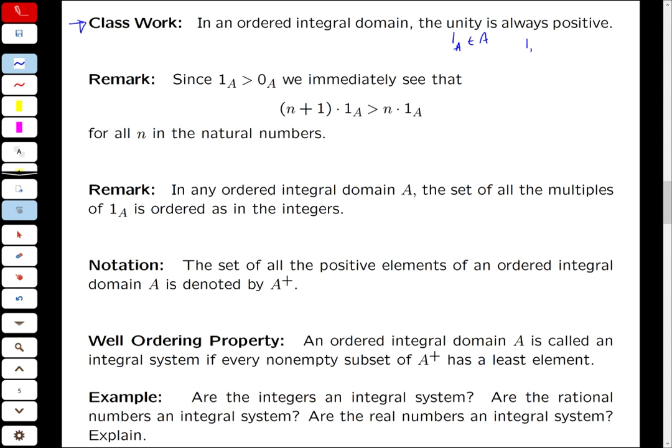And you know that 1 sub A times 1 sub A has to be equal to 1 sub A. And then by the previous proof that I just did, the square of any element is greater than 0, and you're done. It really is just one sentence. We have to say let A be an ordered integral domain.